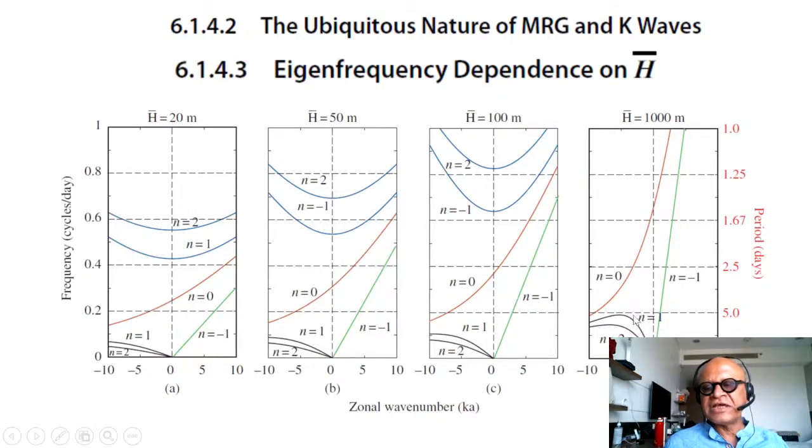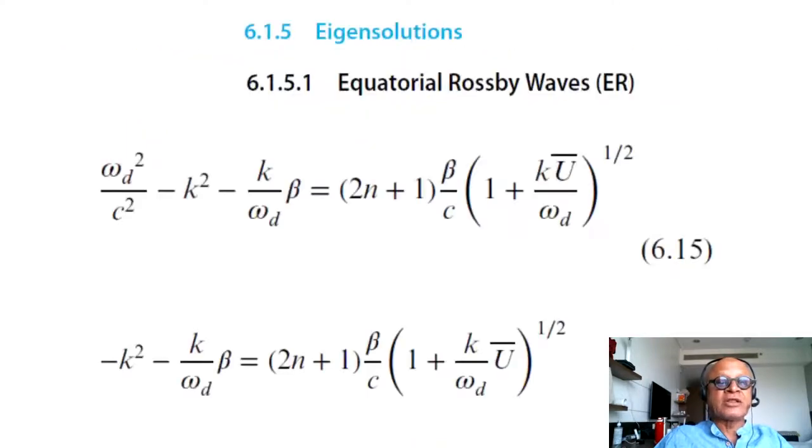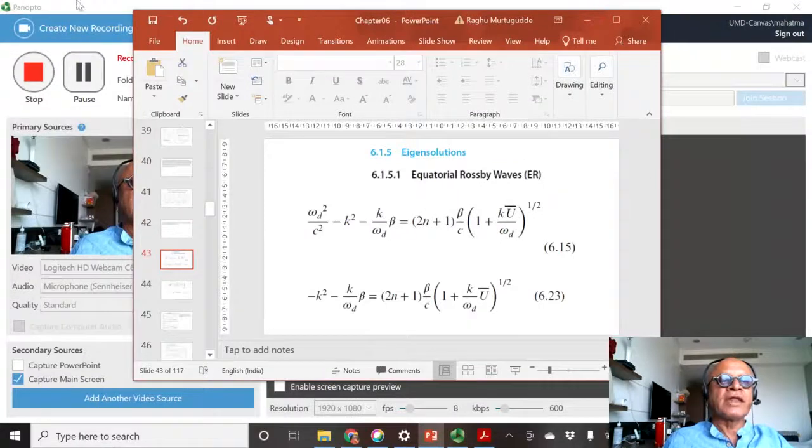So this slope is getting larger here, so the wave phase speed and group velocity are changing with the equivalent depth, and all the waves, the family of waves, the mixed Rossby gravity waves, Kelvin wave, and the eastward and westward inertial gravity waves are very heavily dependent on h bar, which means even when you are looking for simplified solutions, eigenfrequency dependence on h bar means that you have to be really careful in selecting h bar. That is a separate problem that we will look at later on.